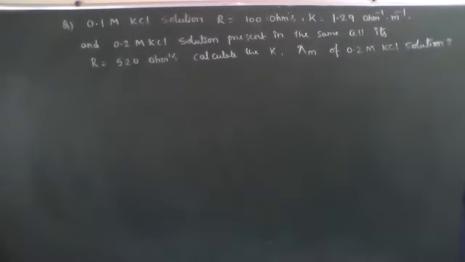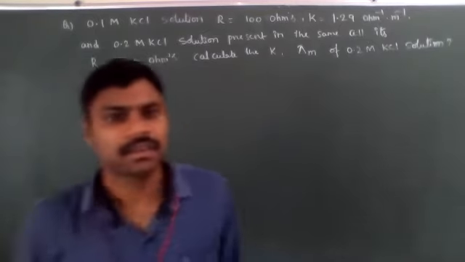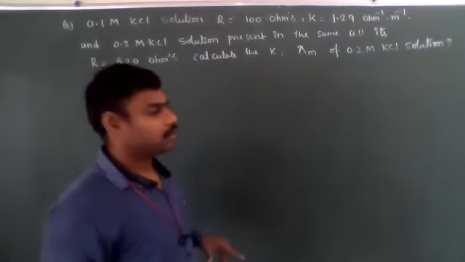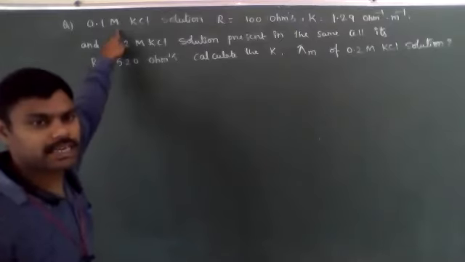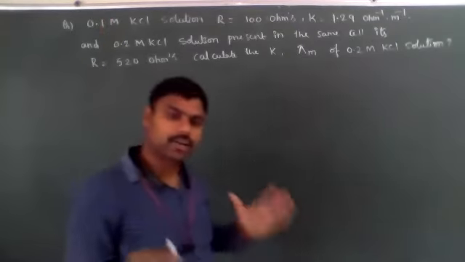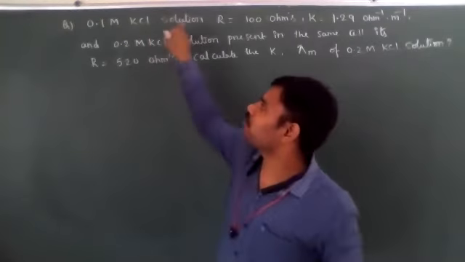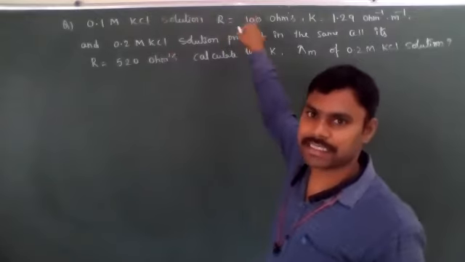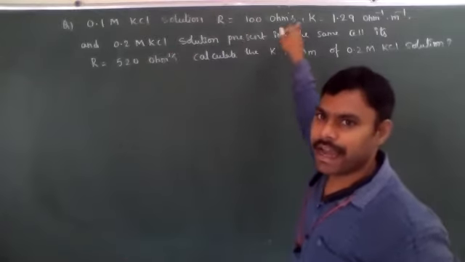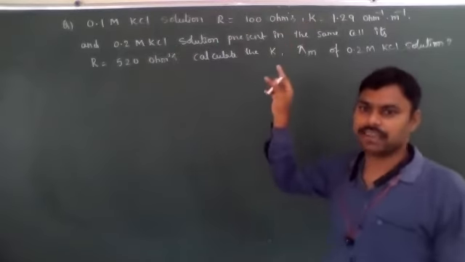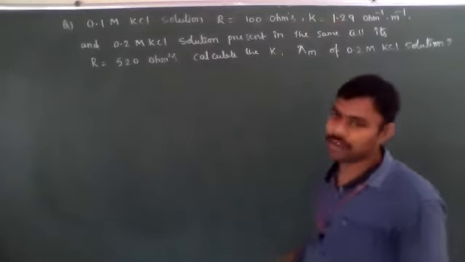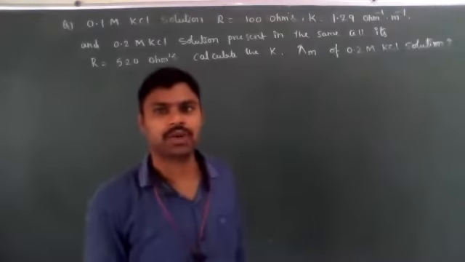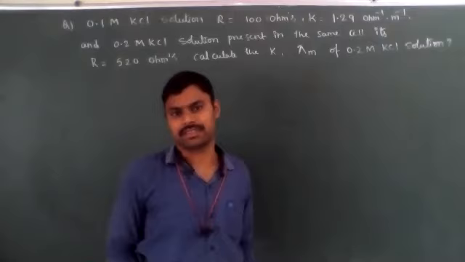See here, they are taking the same electrolyte solution. In the first condition, the electrolytic cell contains 0.1 molar KCl and the resistance is 100 ohms and the specific conductance or conductivity is 1.29 ohm inverse meter inverse.